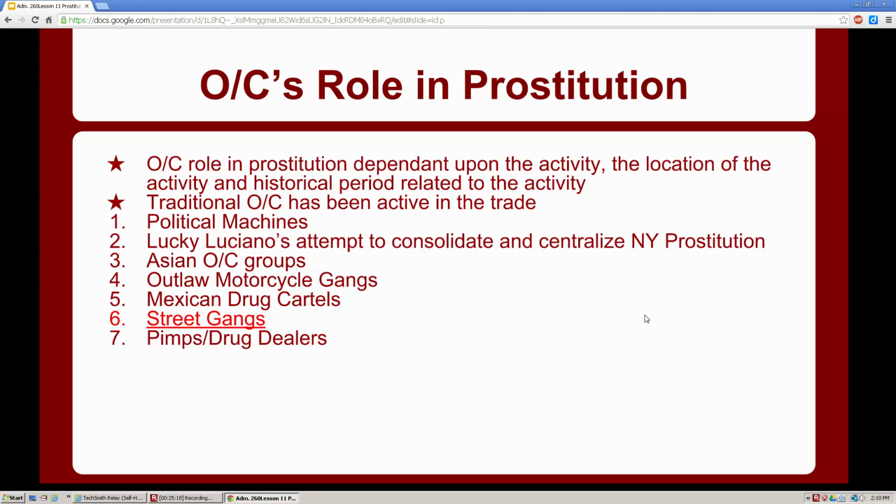They control a lot of the prostitution in cities within Mexico, and strip clubs are owned by cartel members that tolerate and condone prostitution out of them. Street gangs. Now here's kind of a classic thing right here. If you click on this link, what do street gangs have to do with running prostitutes?